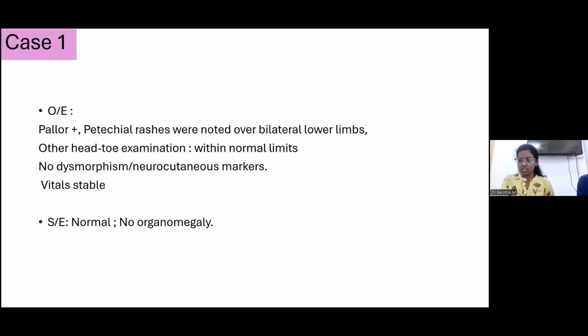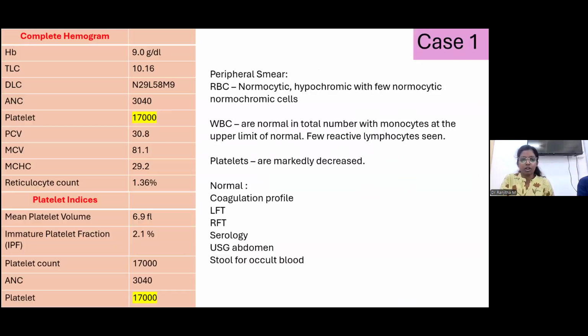On examination, the child had pallor with petechial rashes noted all over both lower limbs. The rest of the head-to-toe examination was within normal limits with no obvious dysmorphism or neurocutaneous markers, his vitals were stable, and systemic examination was normal without any organomegaly.